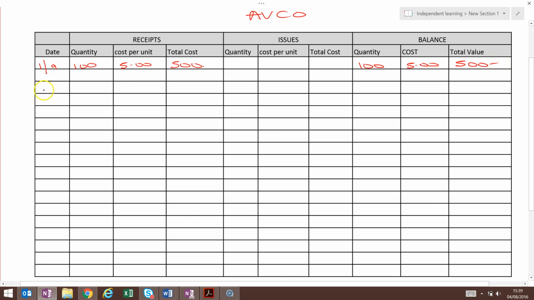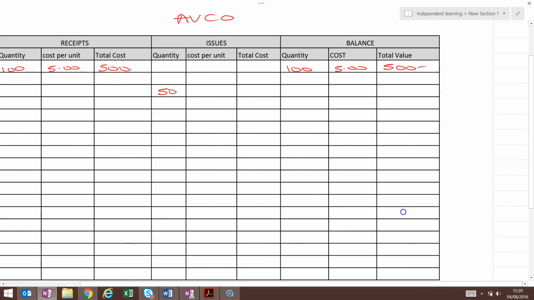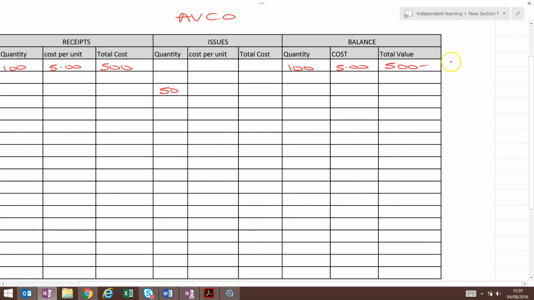On the 2nd of September, there was an issue of 50. Now with AVCO, we issue at the average cost. The average cost, you're always going to work it out by total value divided by the total quantity.